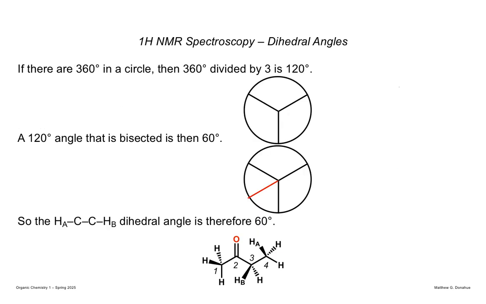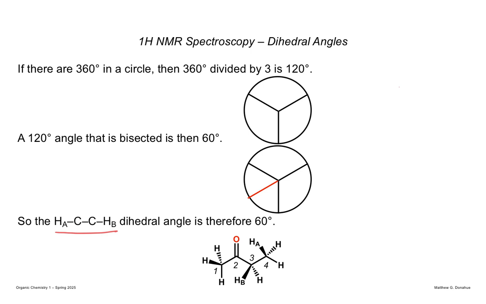So now that we have an understanding of taking a zigzag into a Newman, how can we use the Newman projection to figure out that dihedral angle? And again, we were concerned with the angle between the intersection of those two planes forming HACCHB.